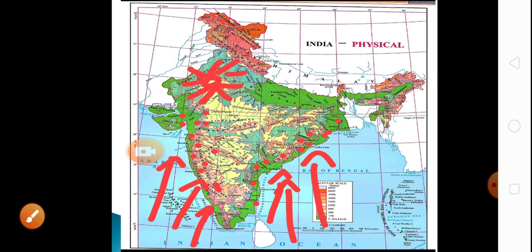This causes rainfall in the coastal regions due to the obstruction caused by the Eastern Ghats and the Western Ghats. The coastal region gets the rain because of the Eastern Ghats and the Western Ghats.